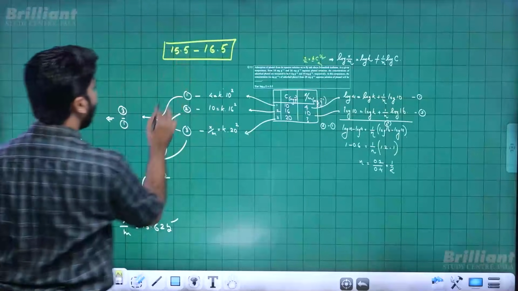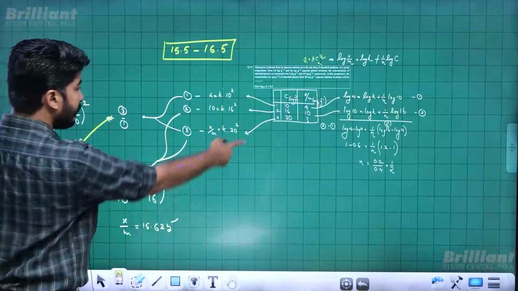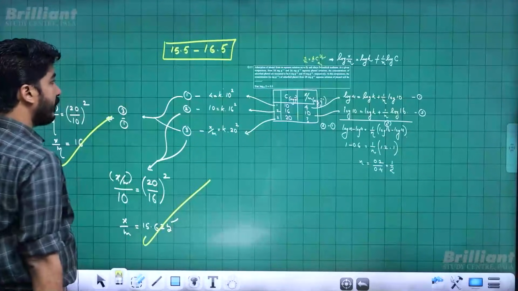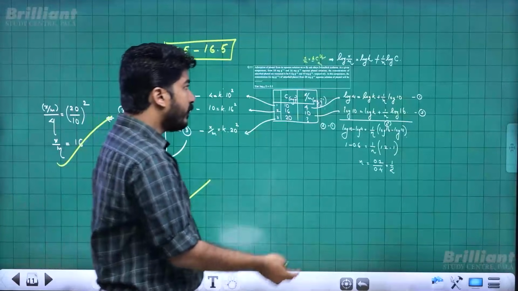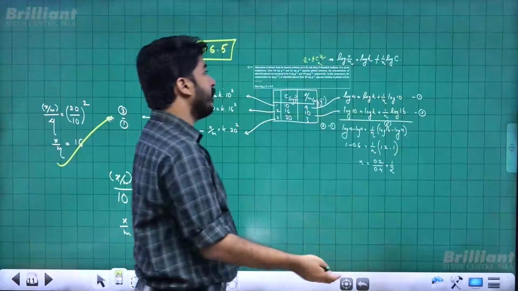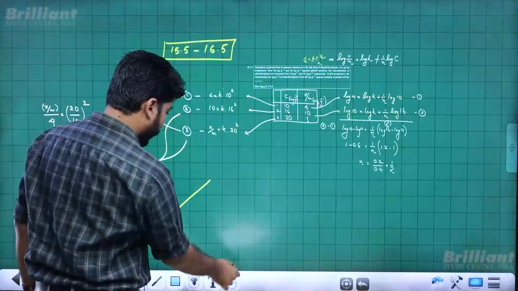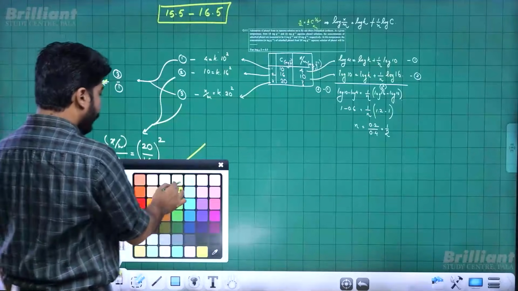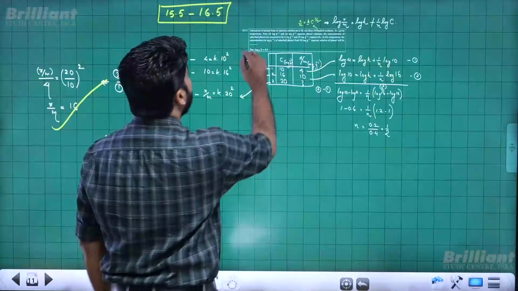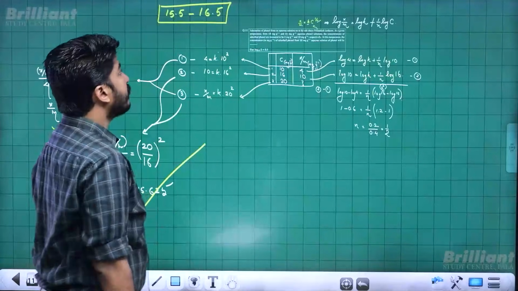So the ones who followed this way will get full marks, the ones who followed this way will get full marks, and the one who followed the anti-logarithmic way also will get full marks, because that way you will be getting a value in between these two. Yes, so you follow any method, you will be getting full marks for this question.